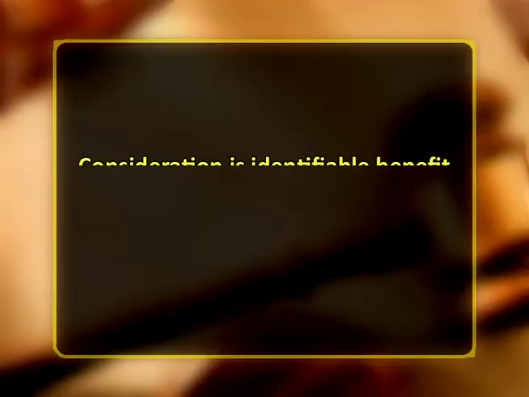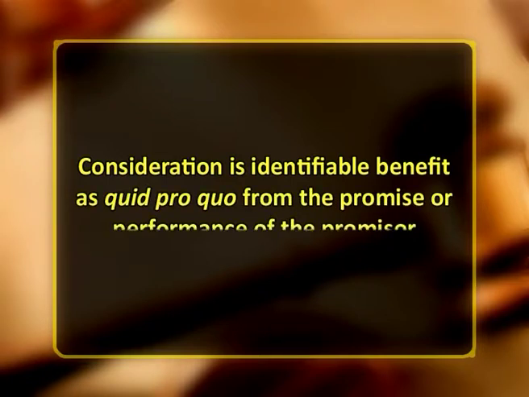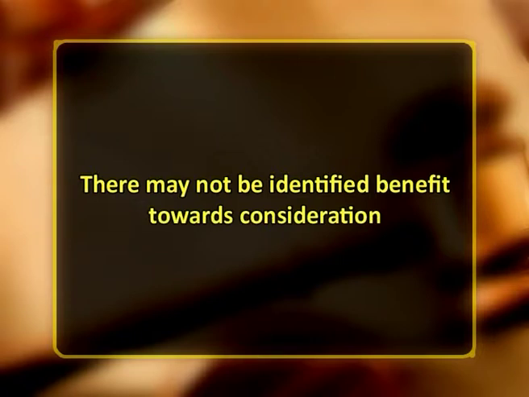In most cases, the promisor, for doing any act or not doing an act, derives some benefit by way of consideration. Thus, consideration is an identifiable benefit as quid pro quo for the promise or forbearance of the promisor. But it is also possible that there may not be identified benefits towards consideration. For example, A promises to carry B's goods free of charge and B allows A to carry the same.